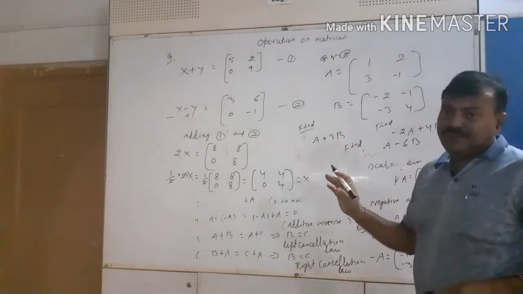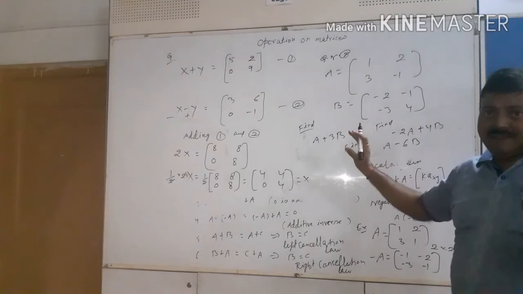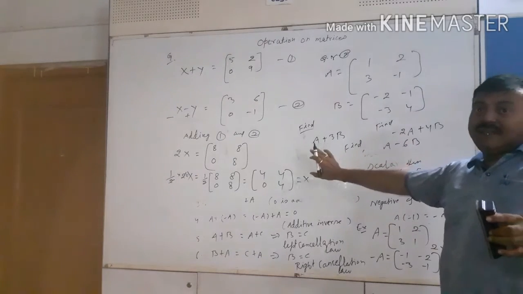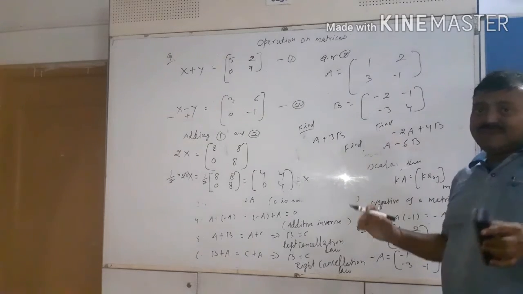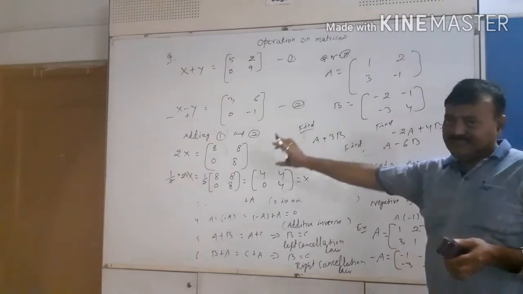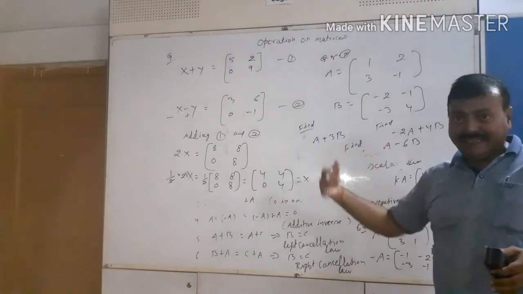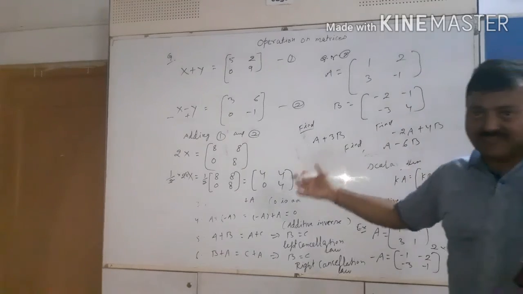In this way you can solve, and that is the end. Here both types of example are present, addition, subtraction and scalar multiplication. All are present in just these examples. So thanks. Now in the next video we will consider the multiplication of matrices. Thank you.